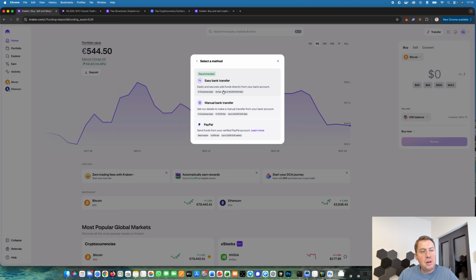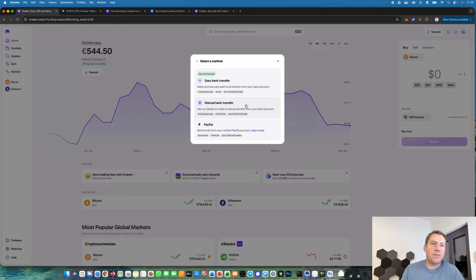And here for me in my area, there are three methods available: easy bank transfer, money transfer, so a manual bank transfer, and PayPal. Easy bank transfer is basically you connect your bank account to Kraken. It's a bit scary if you're afraid, because you can just move money with one click from your bank account to Kraken, but it works actually pretty well.